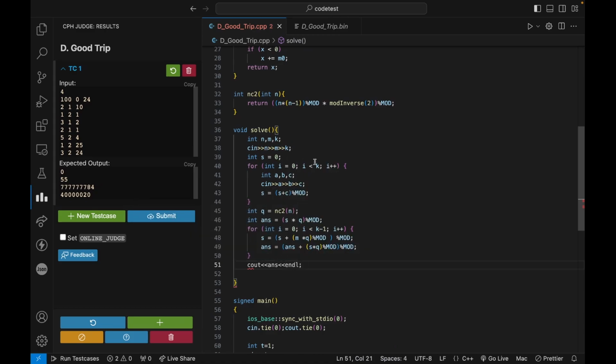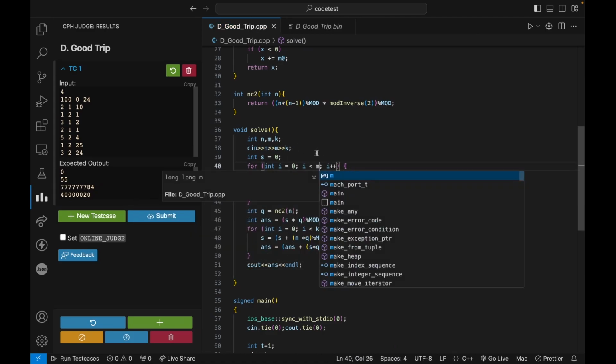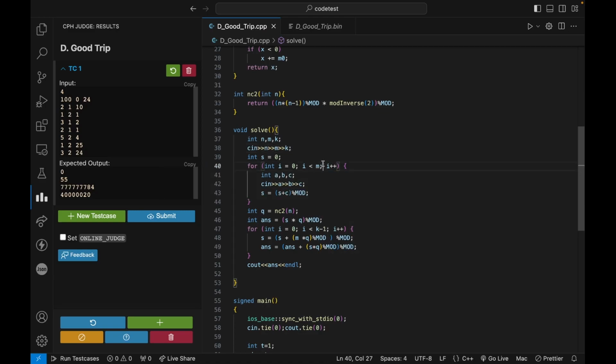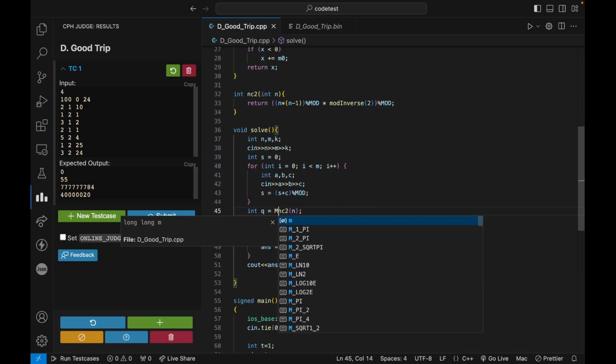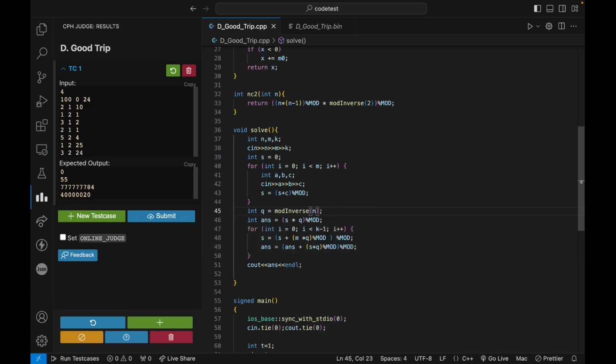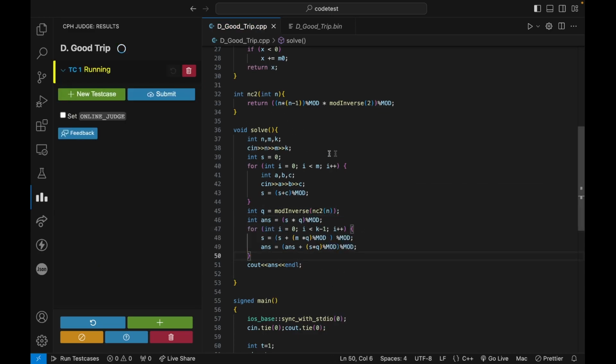And before running this code, this should actually be m, because we have m pairs and not k pairs. Sorry about that. And this q value, actually I wanted to calculate 1 upon q, not q. So I will use the modular inverse of NC2 there. Now this should work, and let's try to run this.